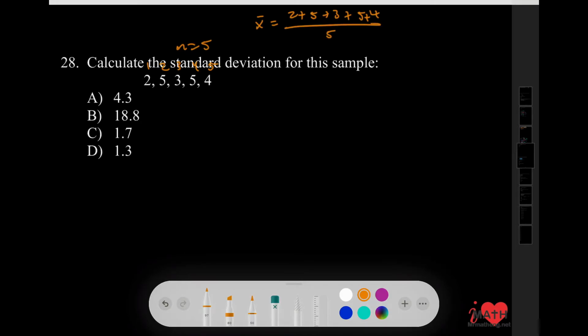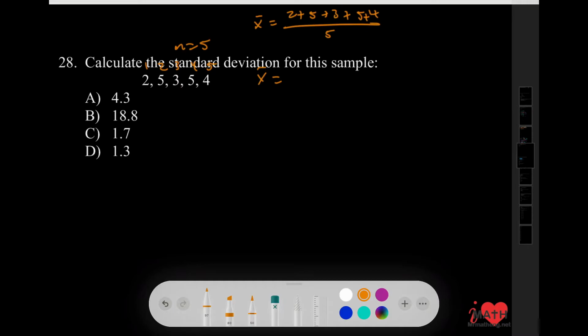That means I have 7, 10, 19 divided by 5. Punch that into my calculator, and I get 3.8. So the mean that I need is 3.8.